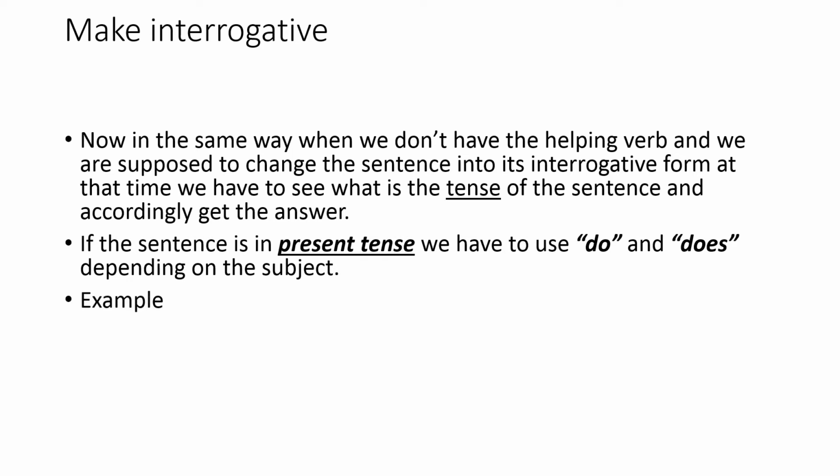We'll take the example over here. She writes a letter every week. Now, she writes a letter. This is simple present tense. Now, there are no helping verbs. So, you have to use either do or does, depending on what the subject is. Our subject over here is she. She is third person. Whenever you have a subject in third person singular, your answer will start with does. And since this is a positive sentence, you have to give it a negative answer. So you start your answer with doesn't.